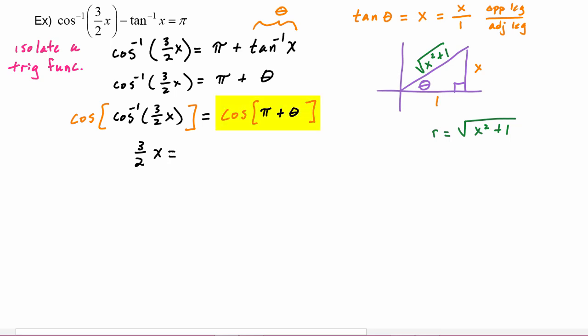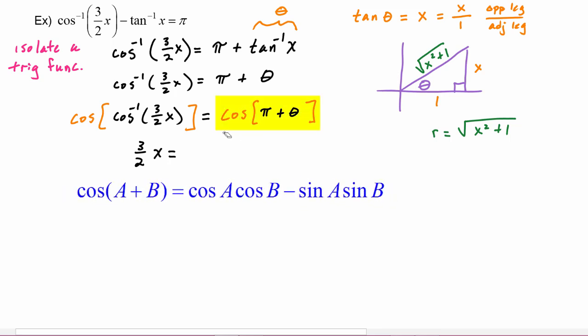On the right-hand side, we can use the sum identity for cosine. So we know that will be cosine of the first, pi, times cosine of the second, theta, minus sine of the first, pi, times sine of the second, theta.